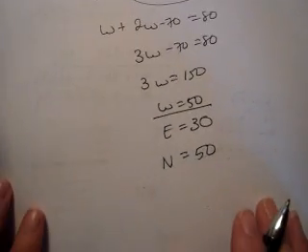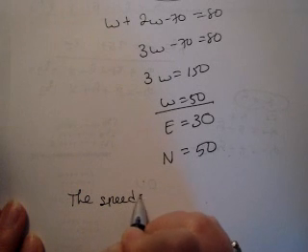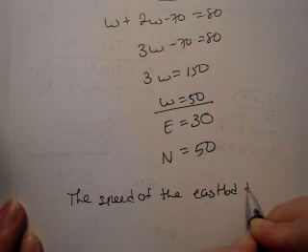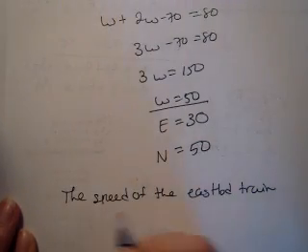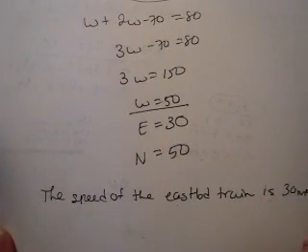So what should your sentence say? Your sentence should say, the speed of the eastbound train, you can abbreviate a little bit, is 30 miles per hour.